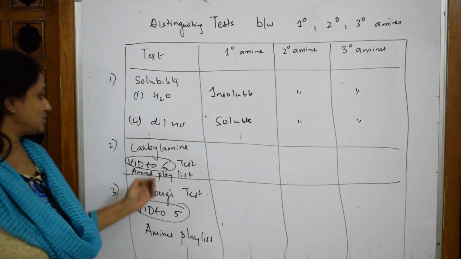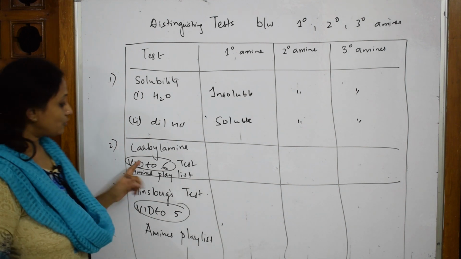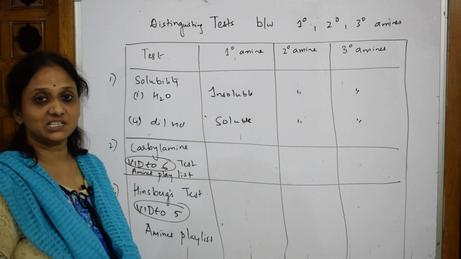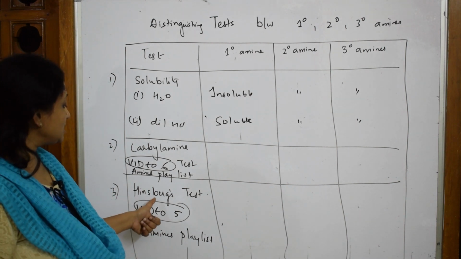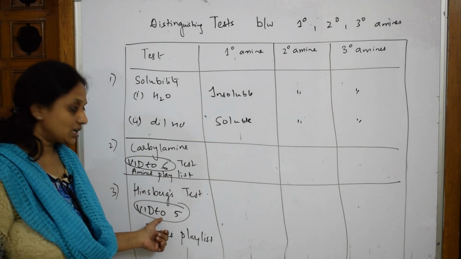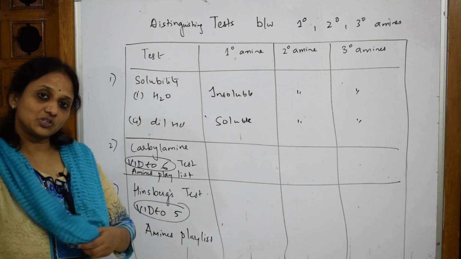I'm further going to the next type of distinguishing test, that is the carbylamine test. I've already done this in video number 6 in the amines playlist. Please check that. And the next one, Hinsberg test, I've done again in the amines playlist, under video number 5. Basically I have shown that reaction there. Please watch that video.